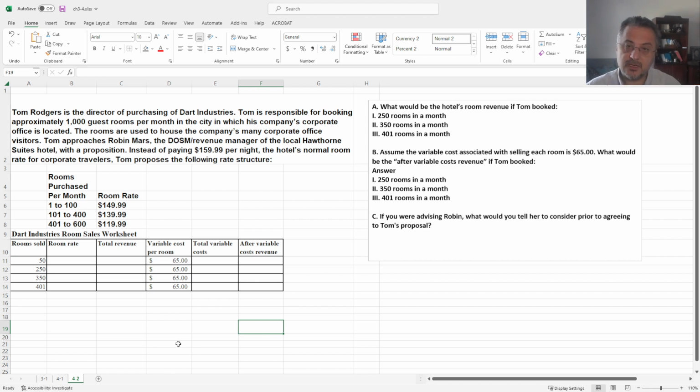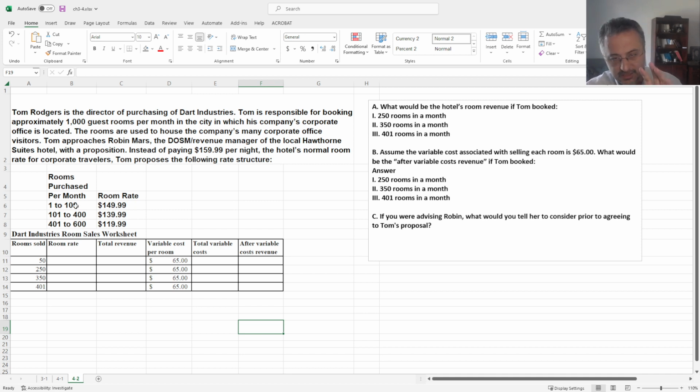It's very common that the revenue manager job is done by the director of sales or the front desk manager, sometimes the general manager, who handles the revenue management function as well, of the local Hawthorne Suites Hotel with a proposition. Instead of paying $159.99 per night, which is the hotel's regular rate, Tom proposes the following rate structure. And there are some questions here.